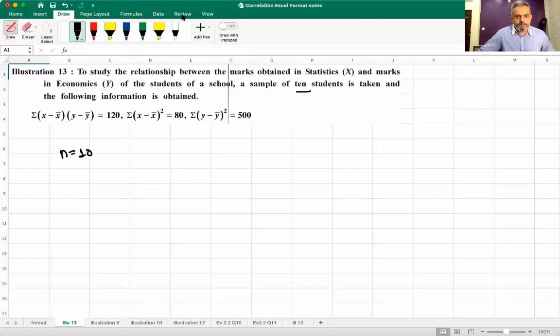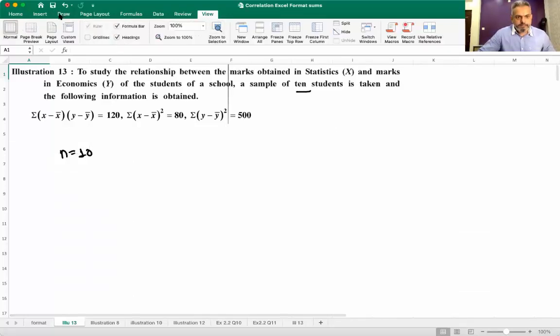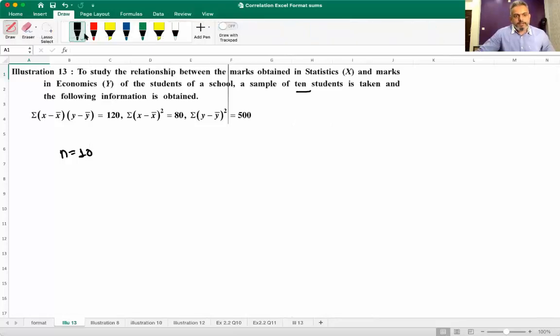Please write this. Then sigma x minus x bar, y minus y bar is 120. Sigma x minus x bar the whole square is 80, and sigma y minus y bar the whole square is 500. So we write what is given.